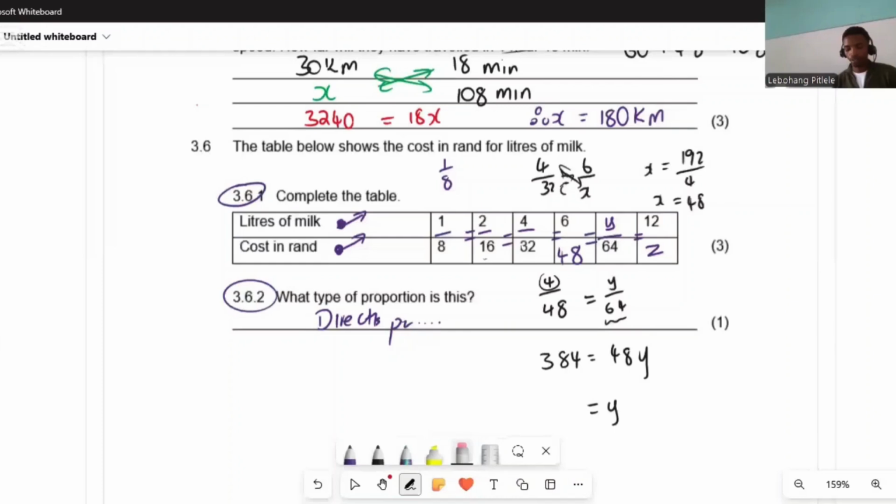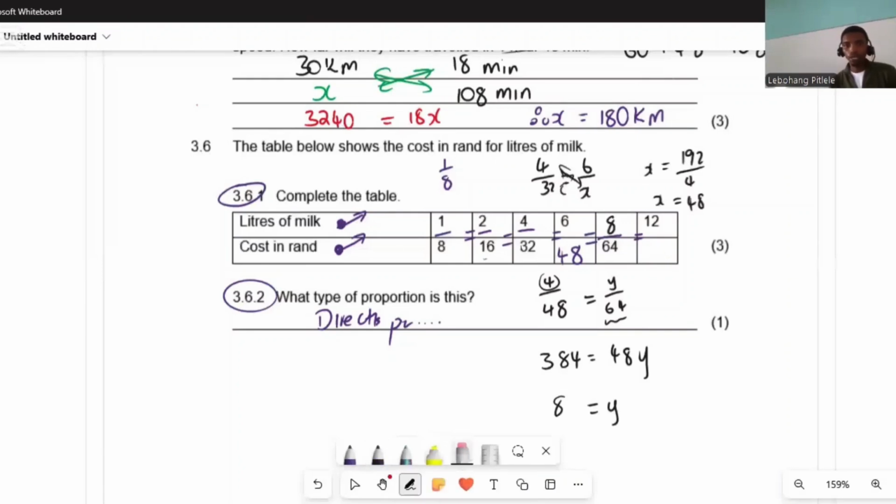I said 384 divided by 48. Yes, that's what I'm getting there. So our y is 8. I don't know how you guys got that.